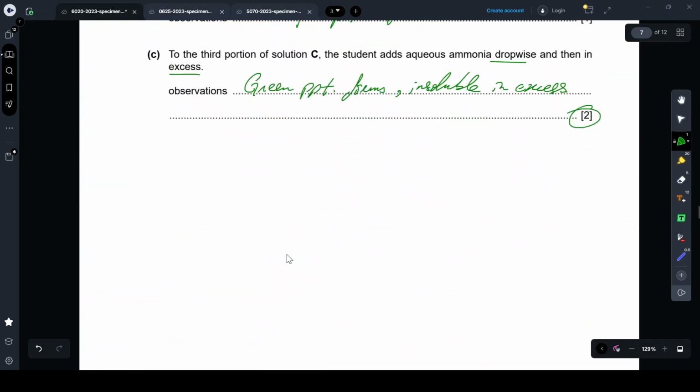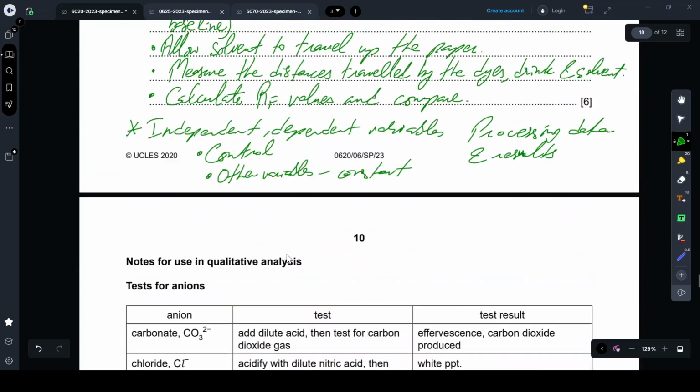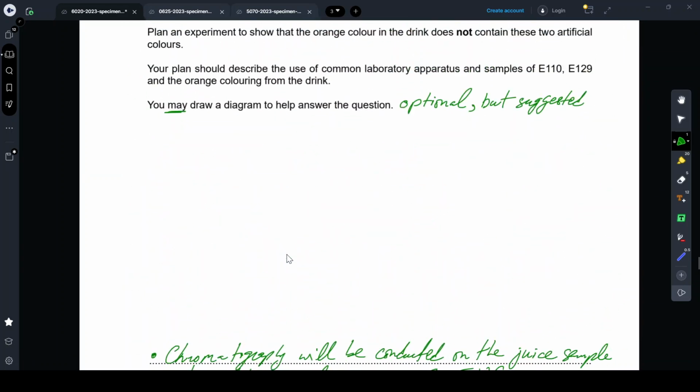Oh, by the way, I mentioned that the diagram is optional but suggested. So just to make a drawing, you have a beaker, and then you have the chromatography paper, and you have the baseline, and we use different colors to find what these 3 spots are, and so you label this.